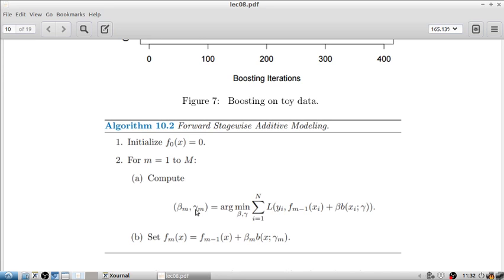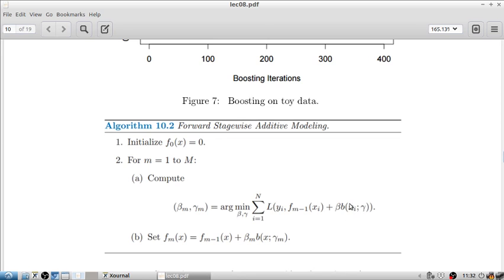Let's say at the beginning f0 is 0, so that term is not there. I'm just saying find the function which minimizes the loss between my dependent variable observations yi and whatever the function is predicting, where the function has parameter gamma.